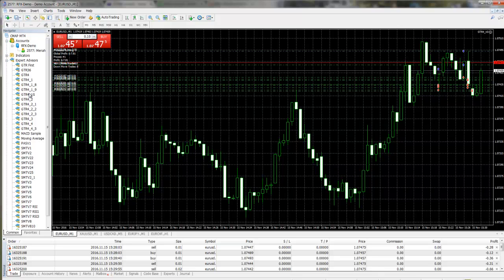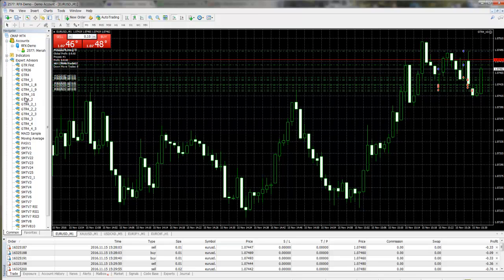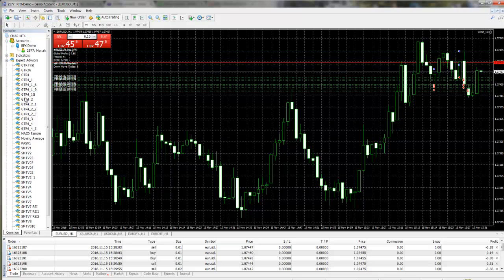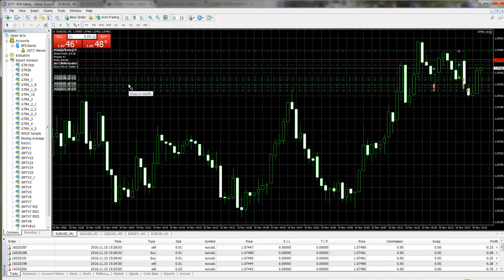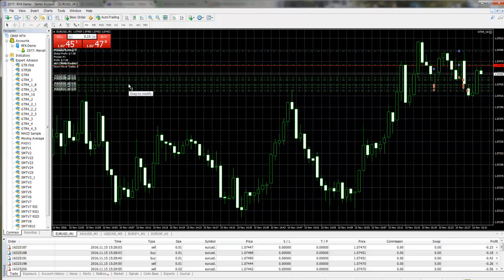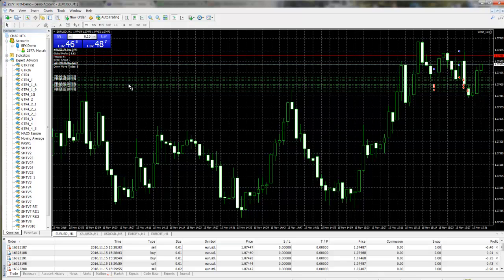Where do these robots come from in the first place? Where is this GTR inputs file located? What's the nature of the parameters? Why does the robot act specifically like this? Where is the algorithm in this robot? What makes you think that it's going to be profitable at the end of the day, and so on and so forth? So there are many open questions right now.